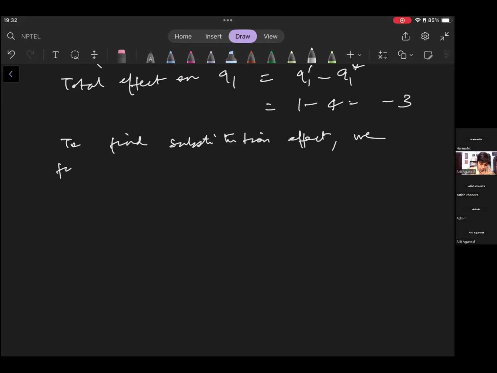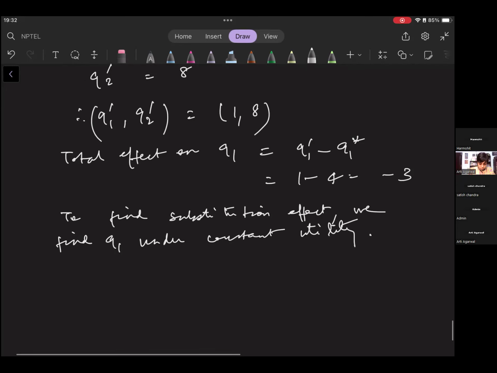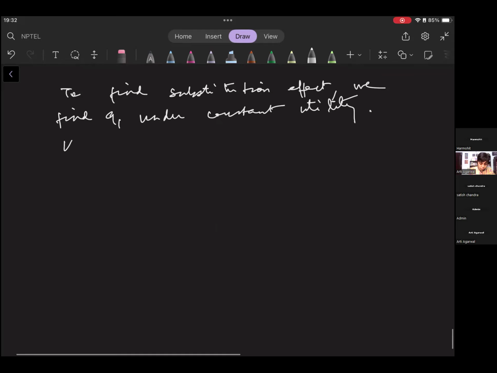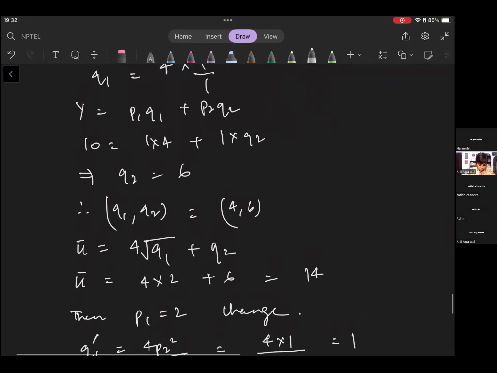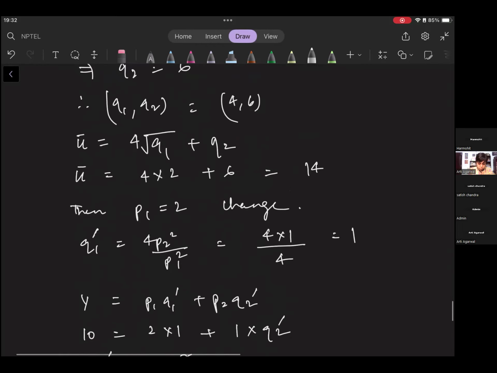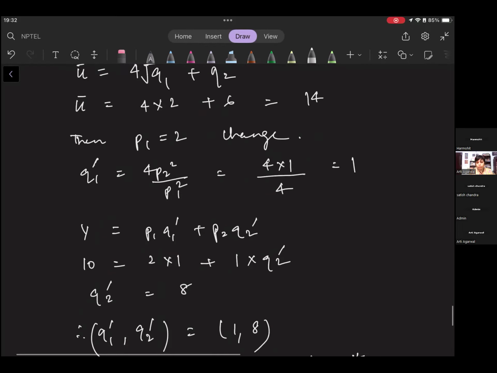we find Q1 under constant utility. So if you hold utility as constant, where is the function? 4 root q1 plus q2.